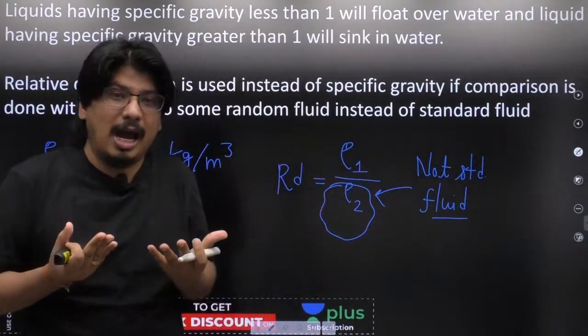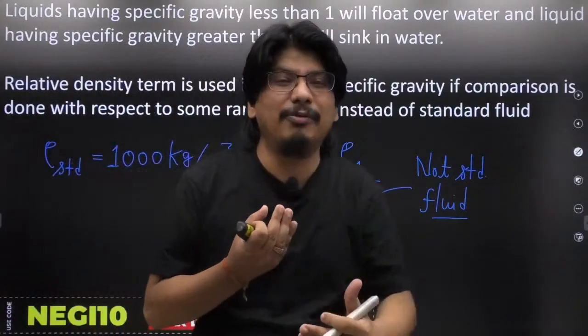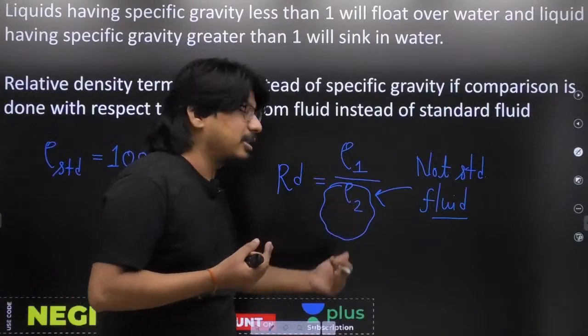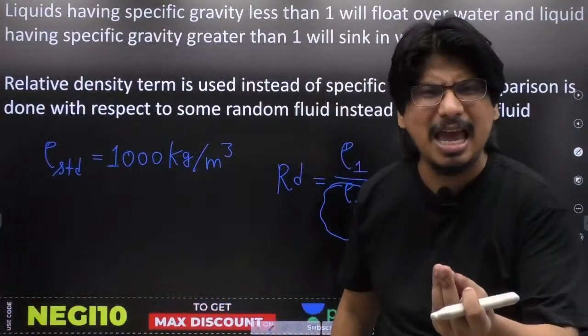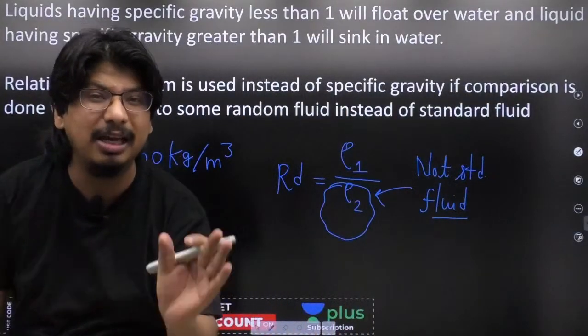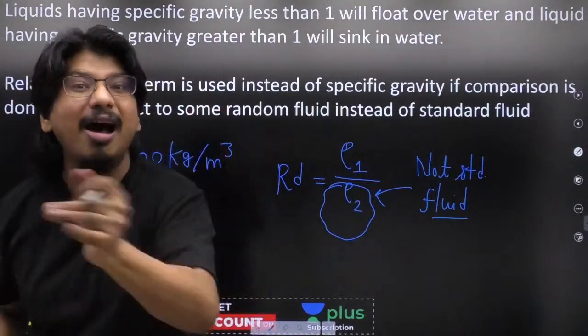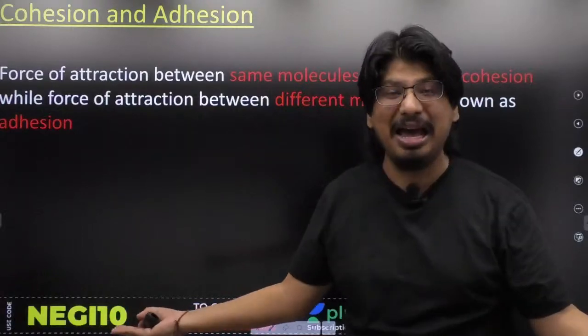Look carefully. Specific gravity is one special case of relative density where the denominator density becomes the density of the standard fluid. So I can easily say every specific gravity is the relative density, but every relative density is not the specific gravity.